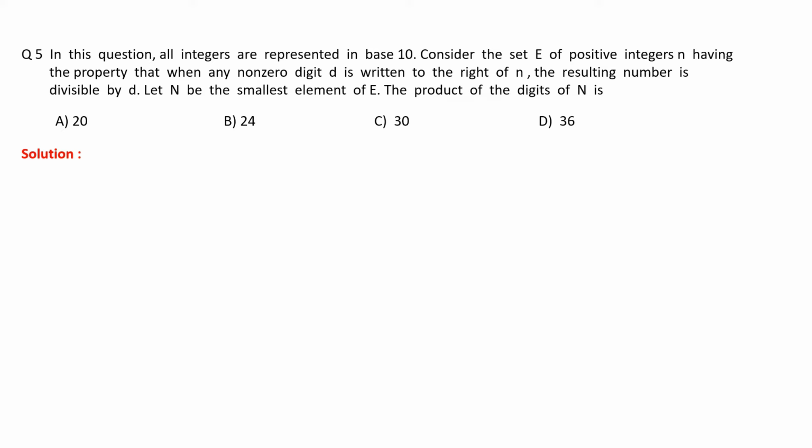Now students, first of all, when you write any digit to the right hand side of any number, how can you express the resulting number in terms of the previous number and that digit? Suppose I am having 174 and I write 2 onto its right hand side. Then I can write 1742 as 10 times 174 plus 2.